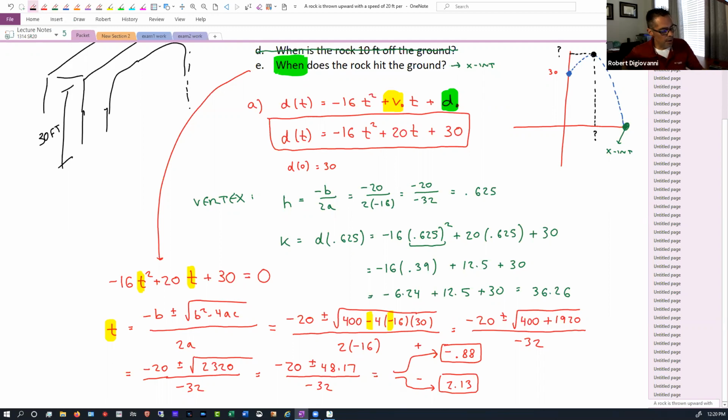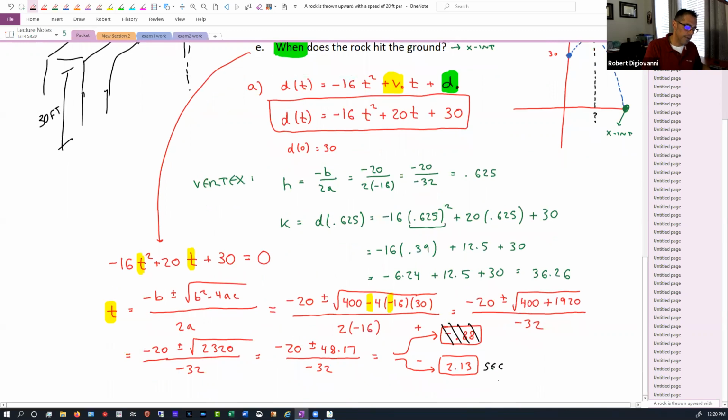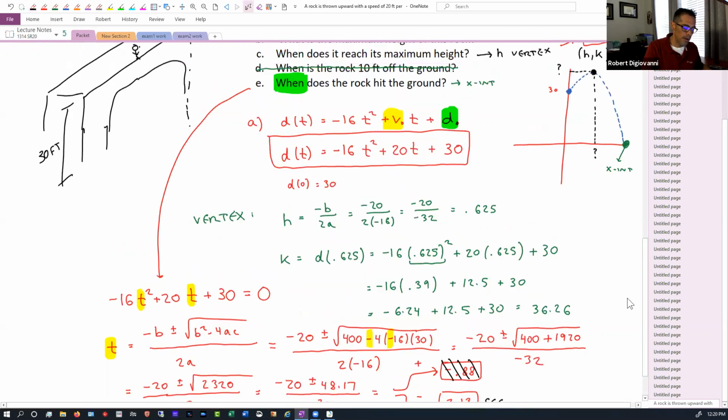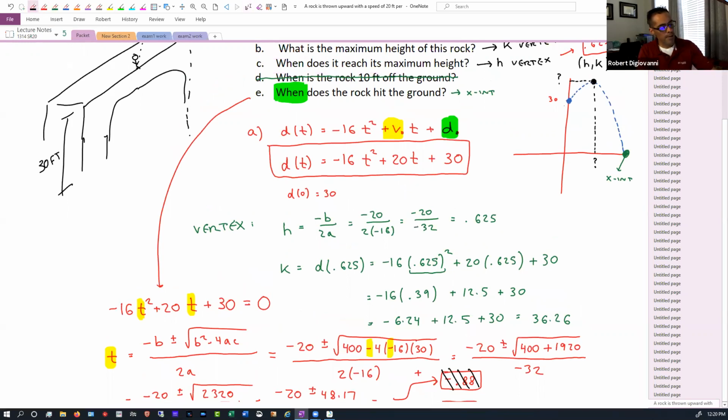The reason why we're going to scrap the negative and just use our answer of 2.13 seconds is because mathematically, if you look at the picture of this parabola, the parabola actually extends backwards too. And there is a second x-intercept here, which we found at negative 0.88.